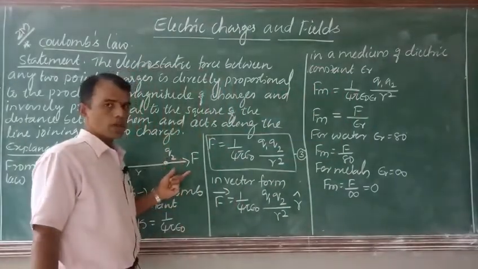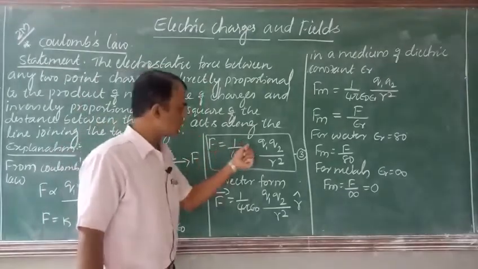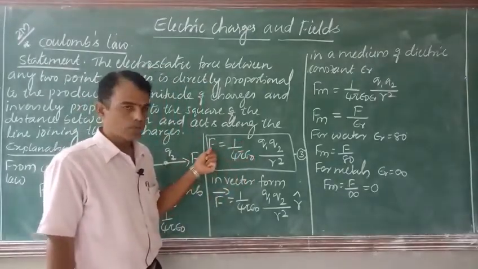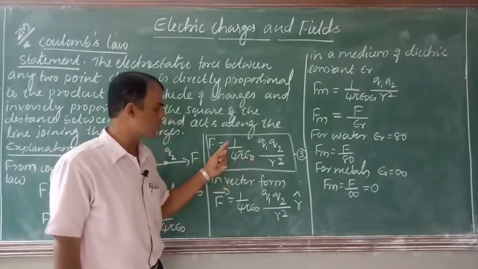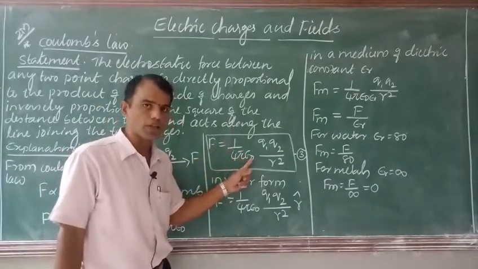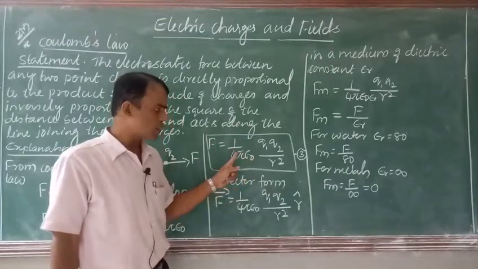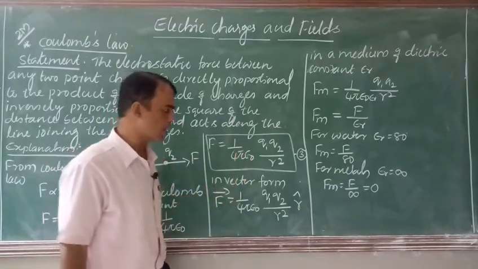Now we know that in the mathematical form of Coulomb's law, we have a constant 1 by 4 pi epsilon naught, and this constant is called the Coulomb constant.